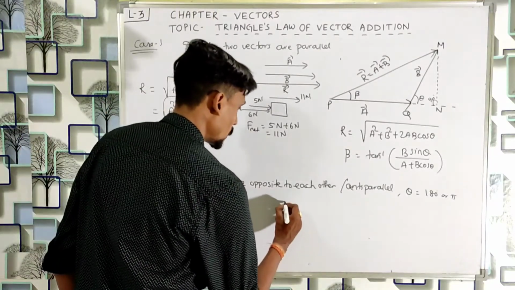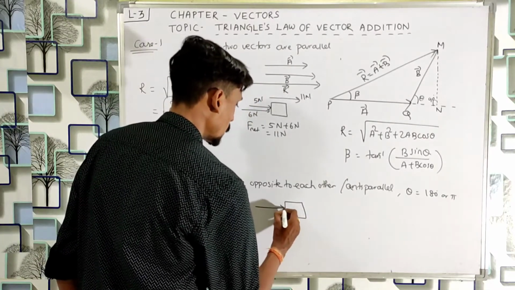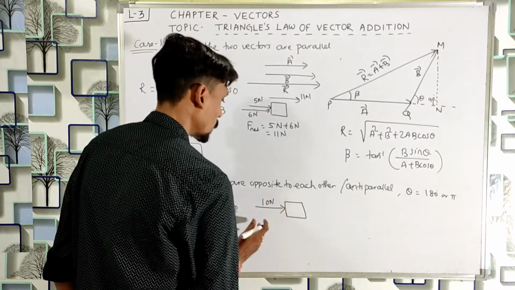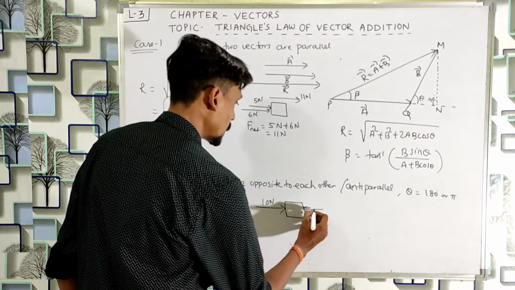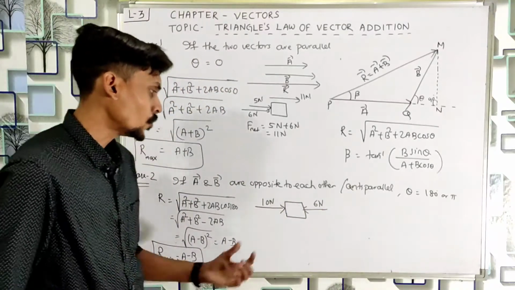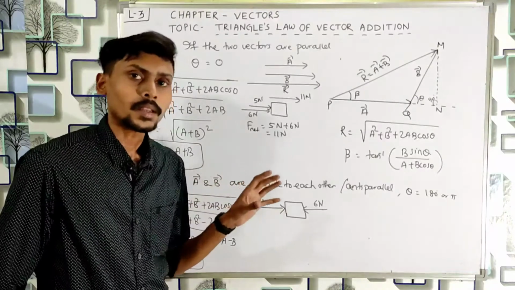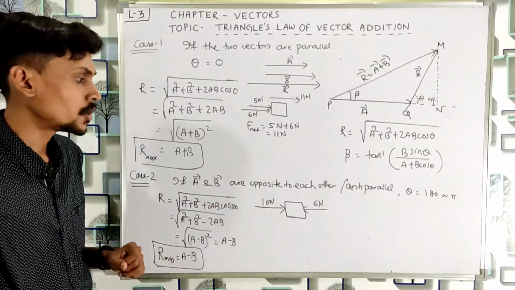So suppose this is a body and you are applying two forces, 10 Newton towards right, 6 Newton towards left. So these two forces have opposite direction. So what will be the magnitude of resultant force?